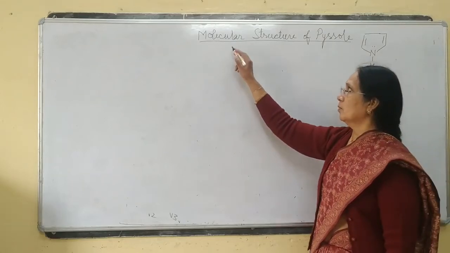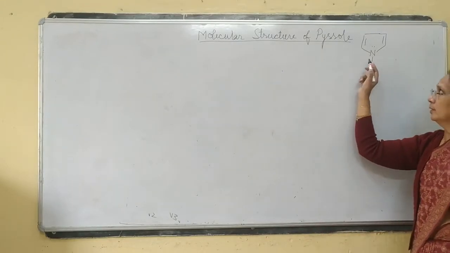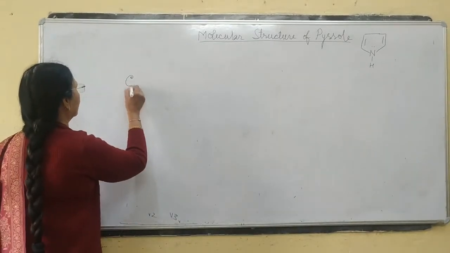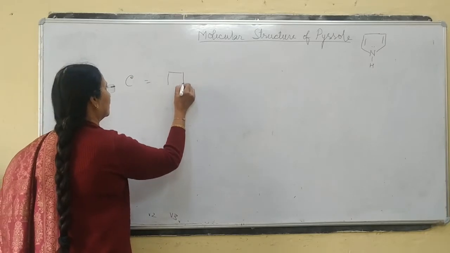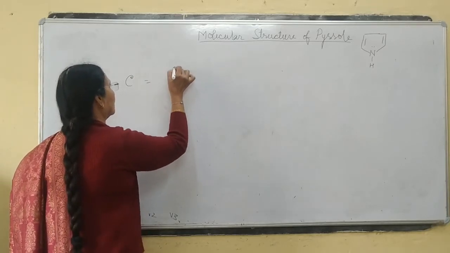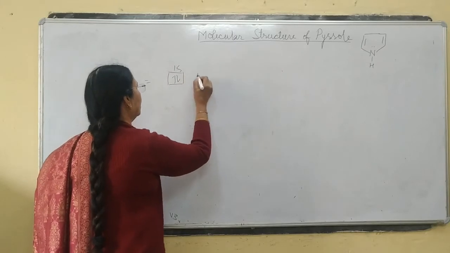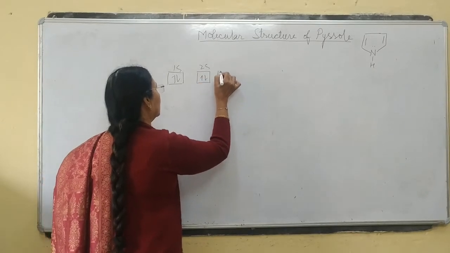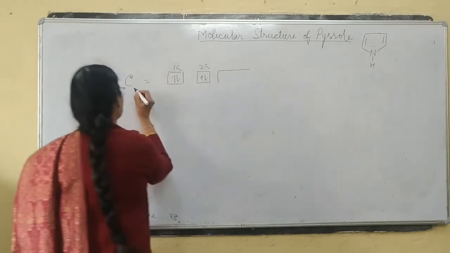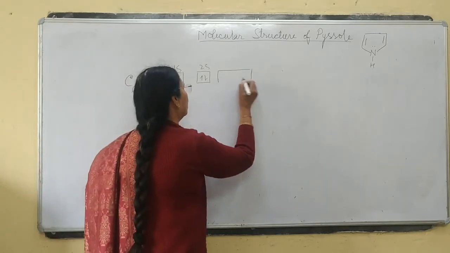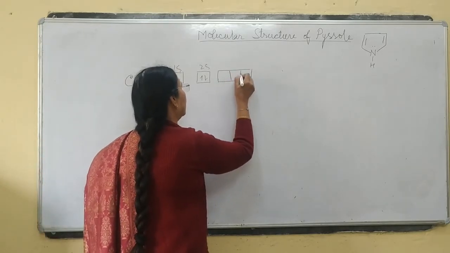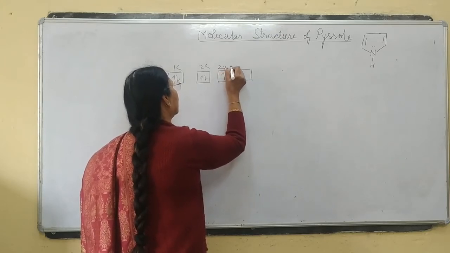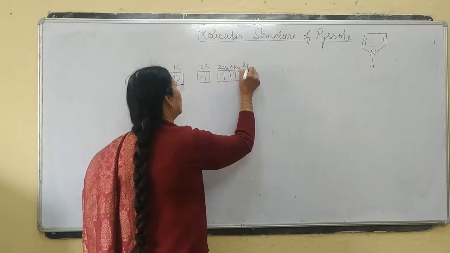We will discuss the molecular structure of pyrrole. In pyrrole, the carbon is present; its electronic configuration is 1s2, 2s2, and as it has 6 electrons, the other 2 electrons are present here, 2px, 2py and 2pz.